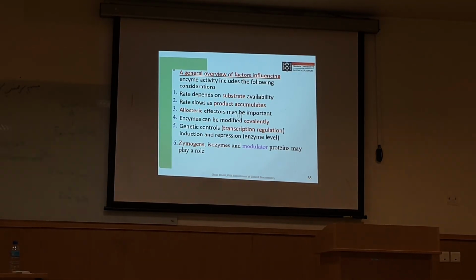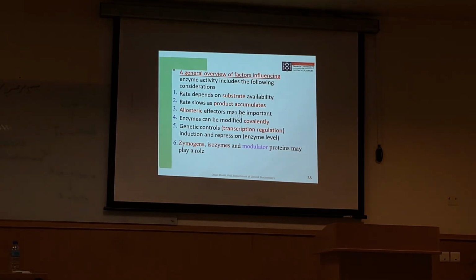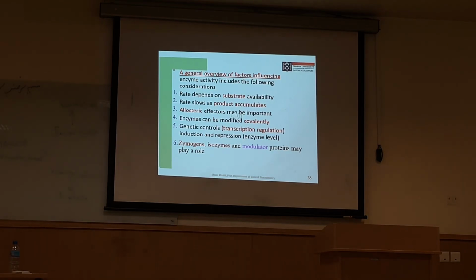And some enzymes are present, but we change their activity so fast, activating or inactivating them. With the phosphate level, some of them get a phosphate like this and are activated.